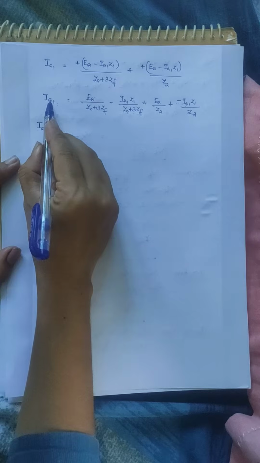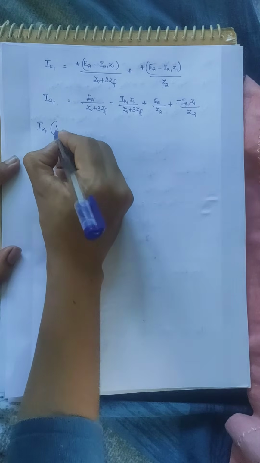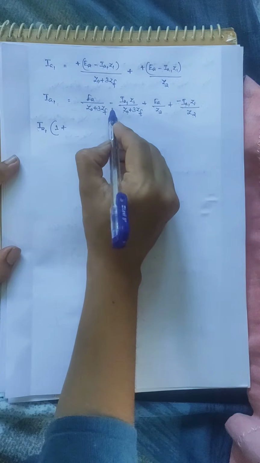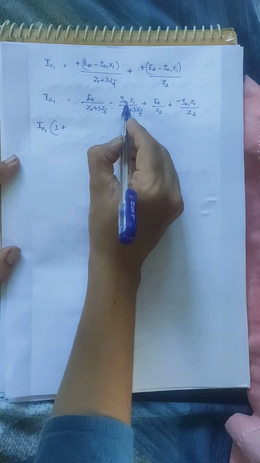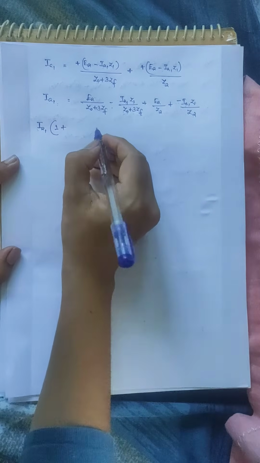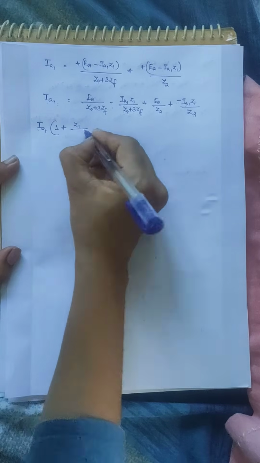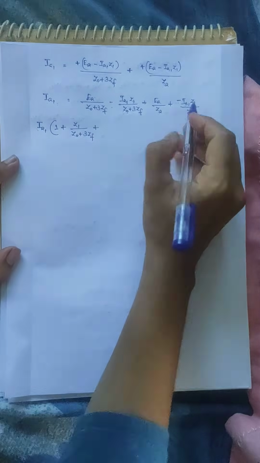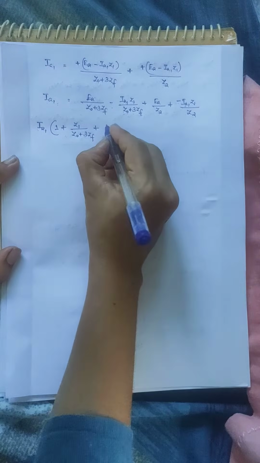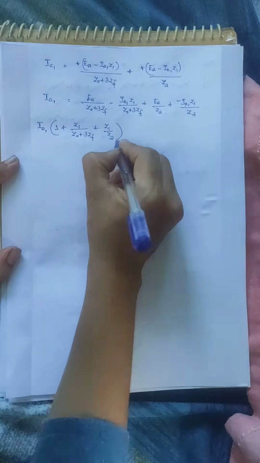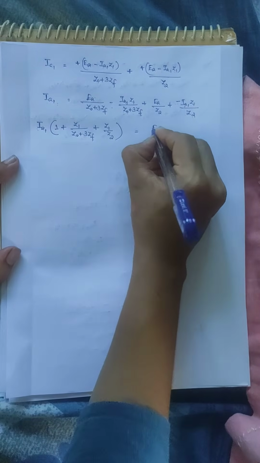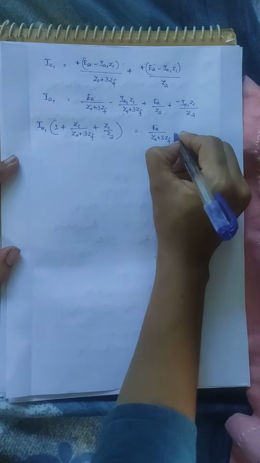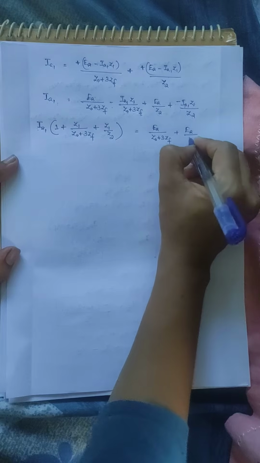So here when IA1 is taken from IA1, it will be 1 plus, this term when it comes to the left hand side it will become plus, and when IA1 is taken as common, remaining is Z1 divided by Z0 plus 3ZF, plus taking IA1 from this term, it will become Z1 divided by Z2, and the right hand side is EA divided by Z0 plus 3ZF plus EA divided by Z2.